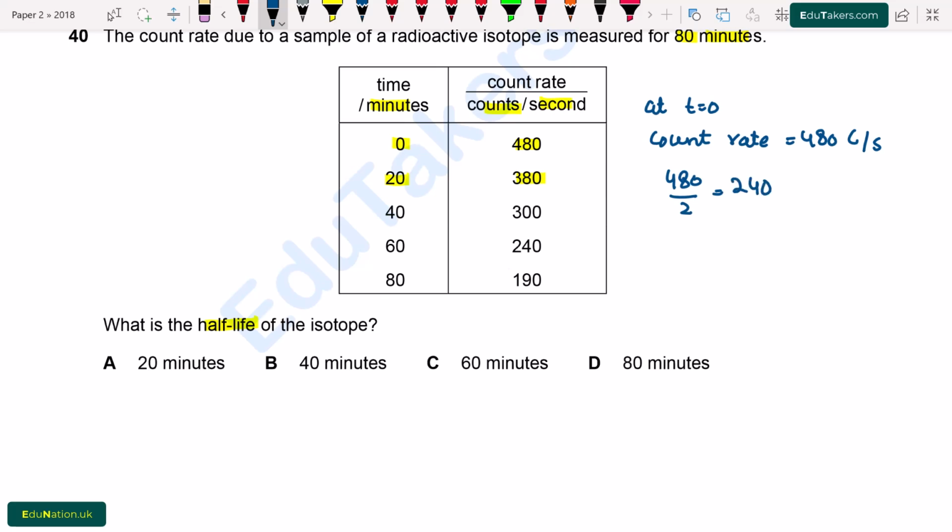We have to find out the time during which the count rate becomes 240. In this table we can see there is also 240 and the time given is 60. It means that 60 minutes pass to reduce the count rate from 480 to 240 counts per second. So half-life will be equal to 60 minutes. Only option C is correct.